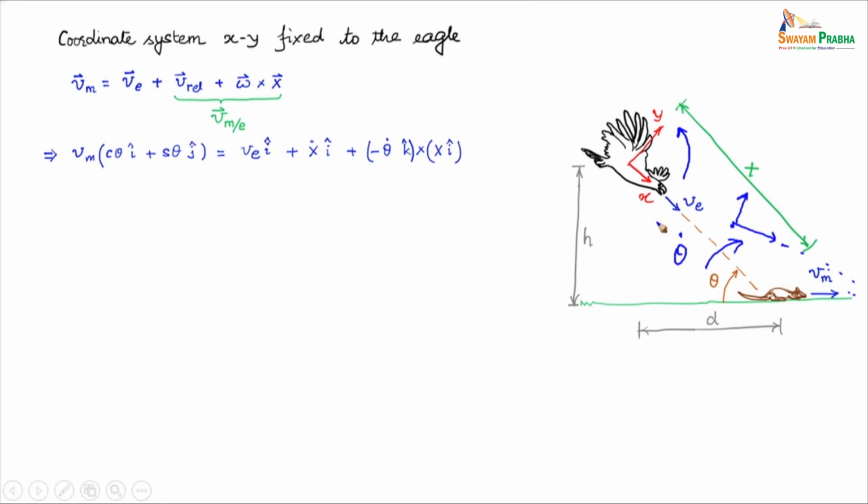Therefore, k cap is coming out of the plane of the screen, and with this theta, if this is omega of the frame, then it is in the negative k cap direction. Therefore, my omega vector is theta dot as its magnitude, but directed in the minus k cap direction. This is my omega which I have used here, and x vector is capital X times i cap.